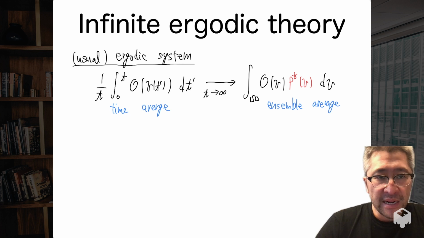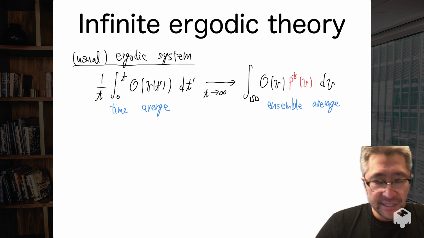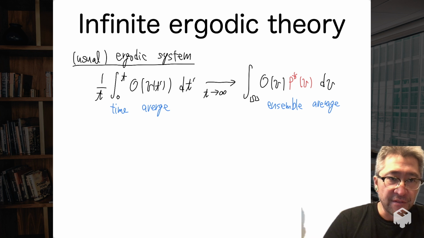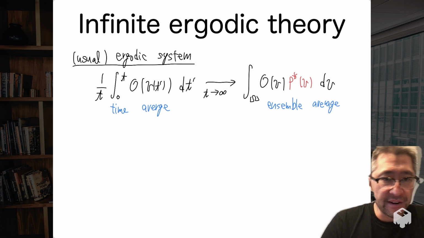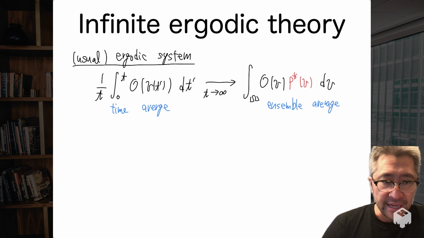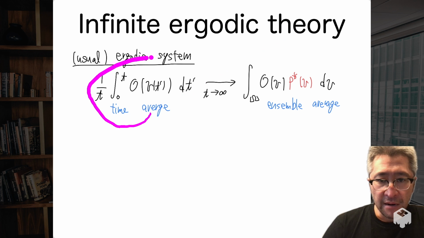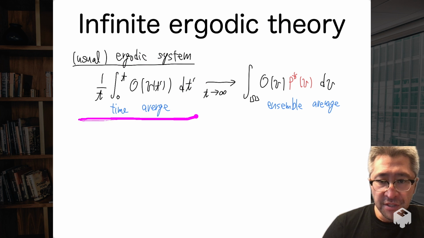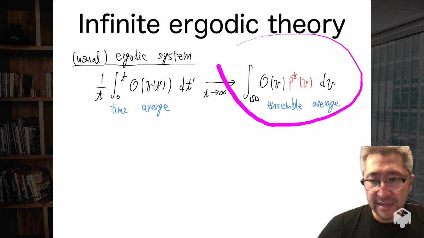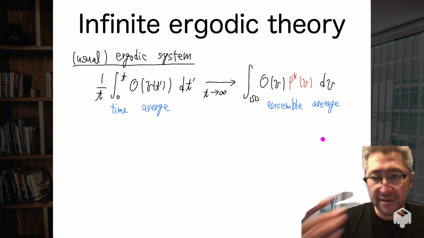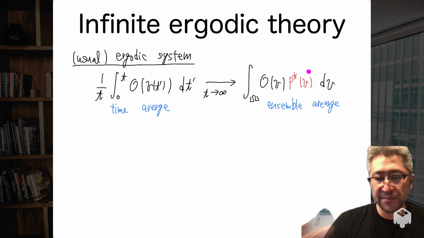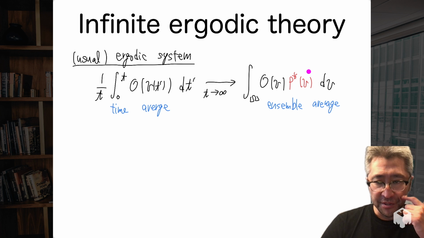So in mathematics, infinite ergodic theory is known. So I explain what is the difference between the usual ergodic system and the infinite ergodic system. In a usual system, the time average of some observable goes to a constant, and this constant is given by this ensemble average. Usually this ensemble average is the average with respect to the equilibrium distribution.